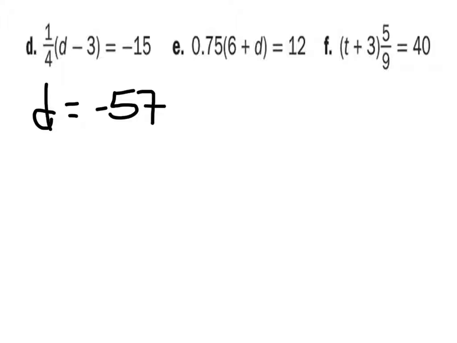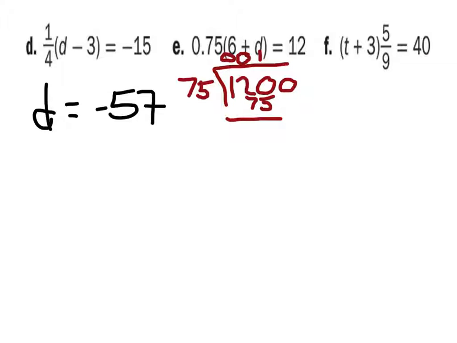All right, Carly, we'll do E, please. Okay. So you do 12 divided by 75, but move the decimal over, so you have to add 2 zeros. And then it goes in 0 times, and then it goes in once, 75, which leaves 45, and then 0, and then 6, 450, 0, 0, 0.